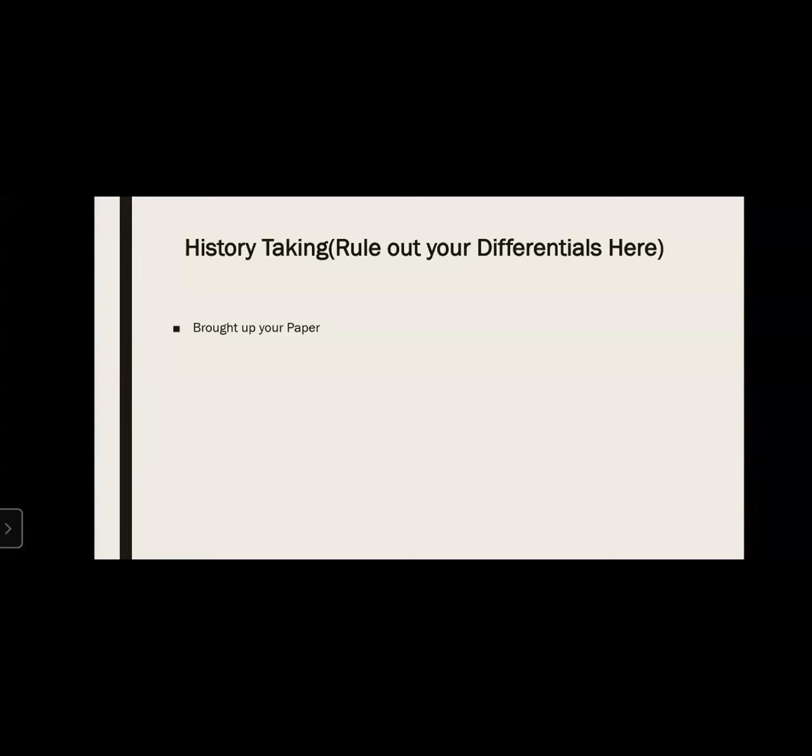Now maybe 3 or 4 differentials will be left. You can ask open-ended questions about those differentials over here.